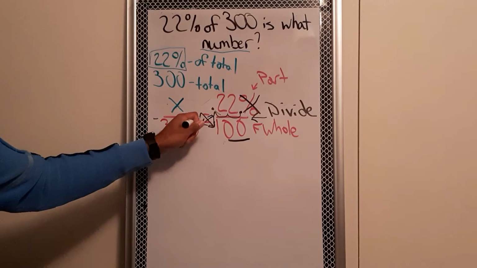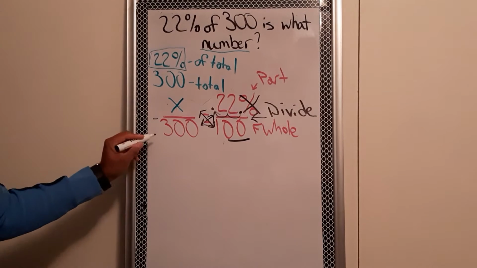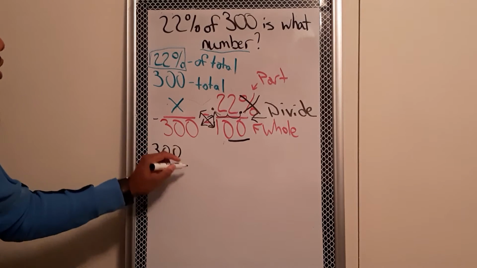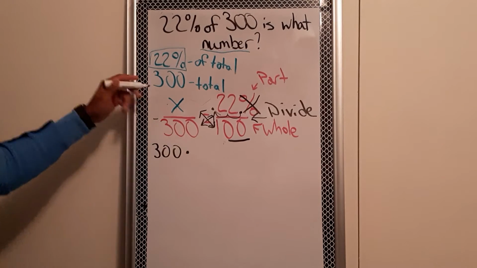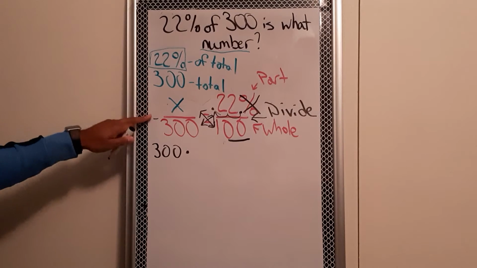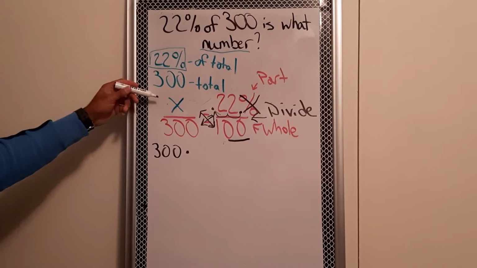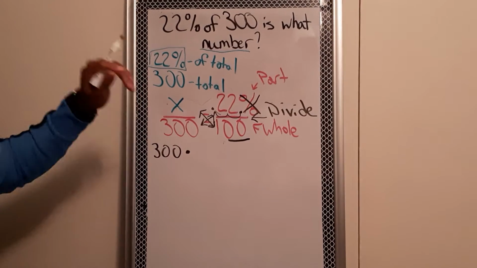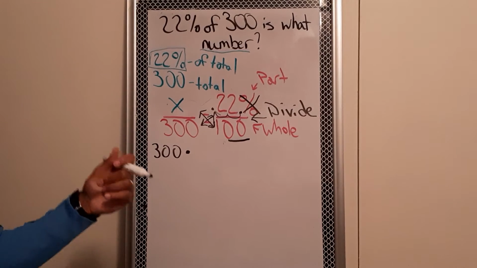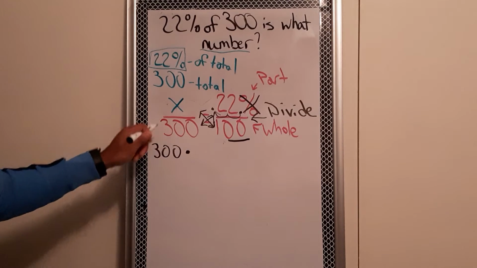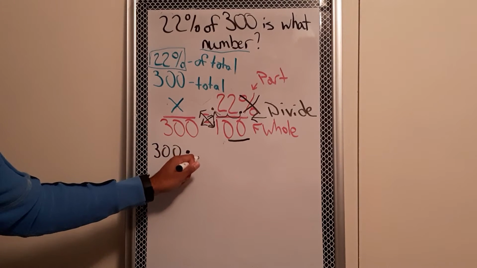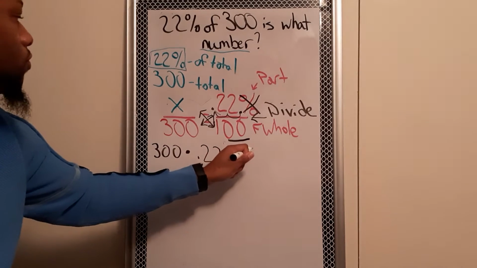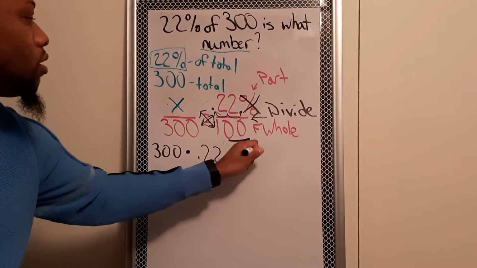So I would end up with 300, and since I have a variable of x, a letter, in my problem, I'm going to change my notation for multiplication to this symbol here versus the x symbol we traditionally see with multiplication problems. So 300 times 22 hundredths is equal to 100x.